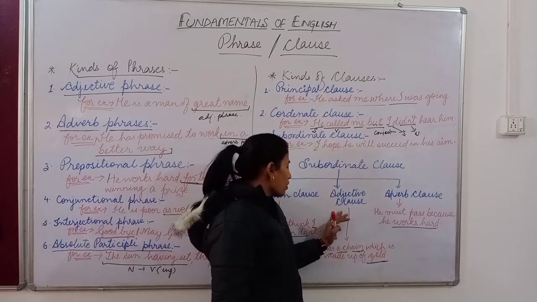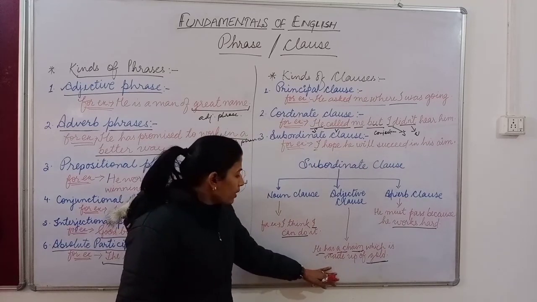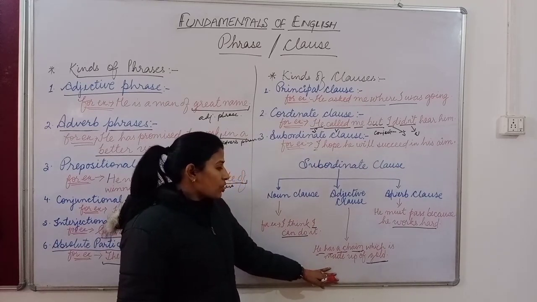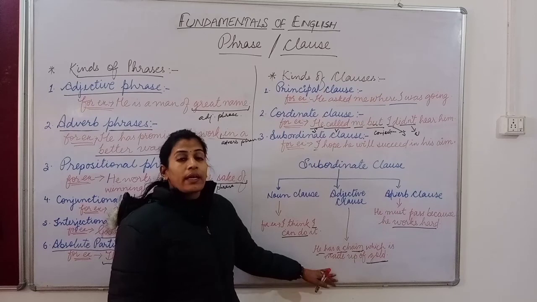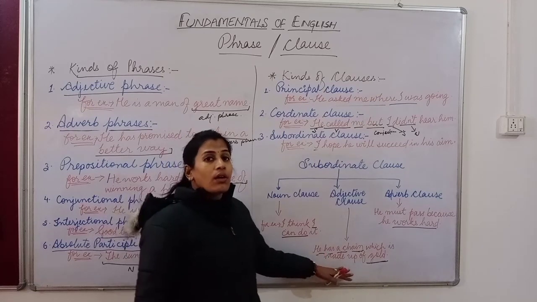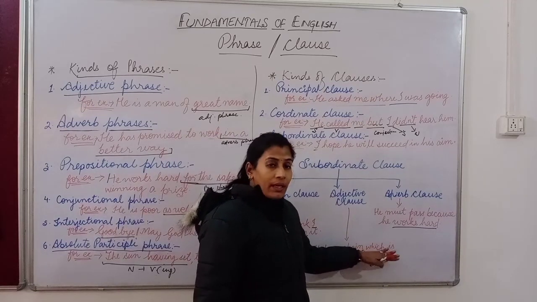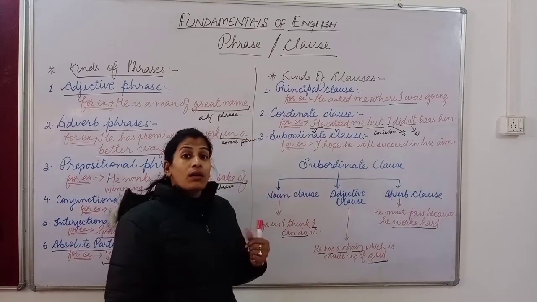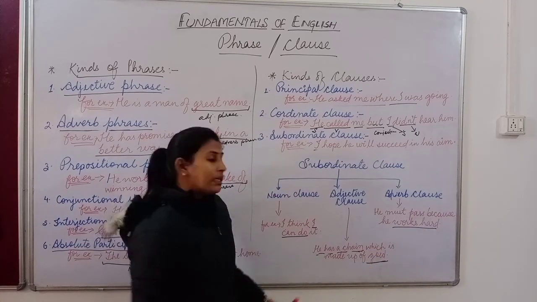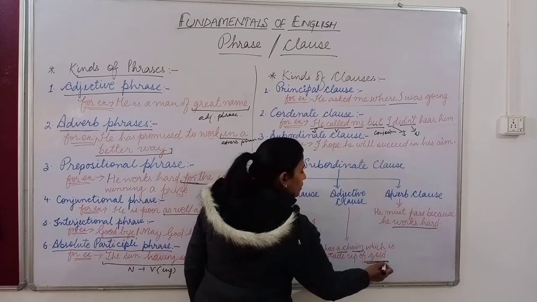In an adjective clause, here is the example: he has a chain which is made up of gold. "He has a chain" is not the adjective clause, but he has a golden chain. Which kind of chain? A golden chain.